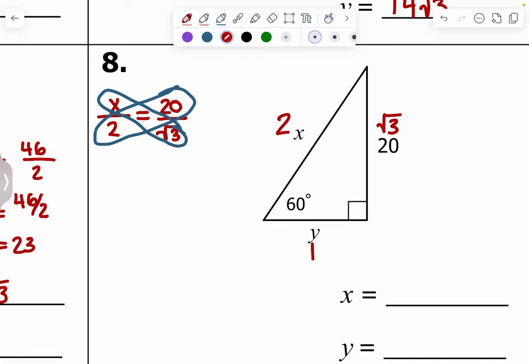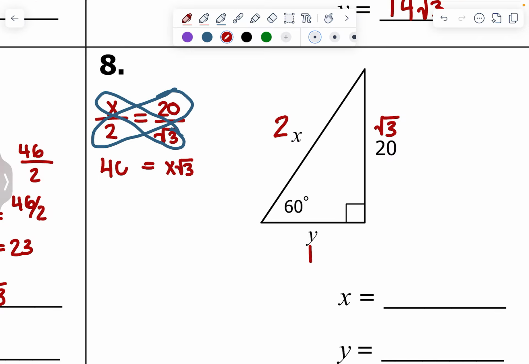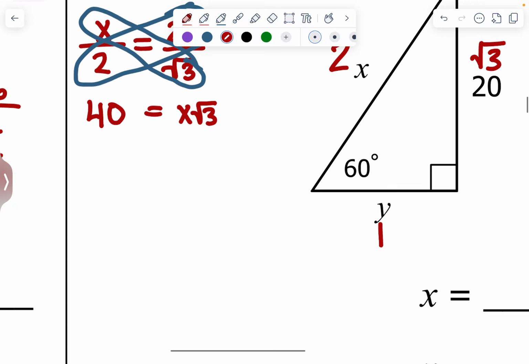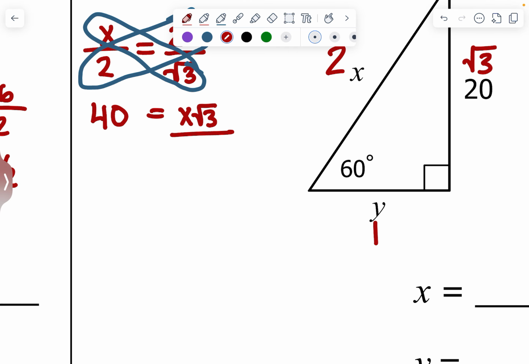X times radical 3 is x radical 3. 20 times 2 is 40. So to get x by itself, we have to divide by radical 3. These radical 3's cancel out, and I'm left with x equals 40 divided by radical 3.